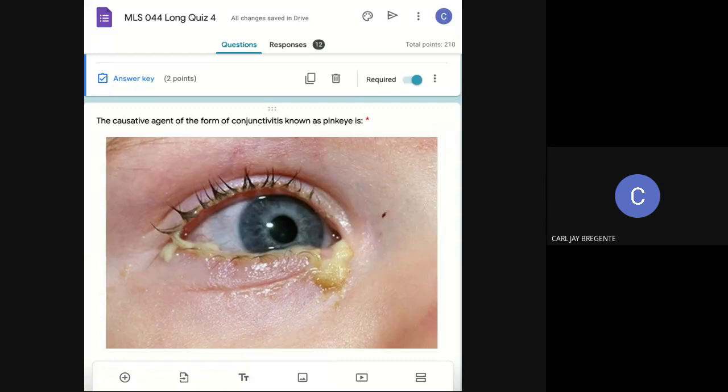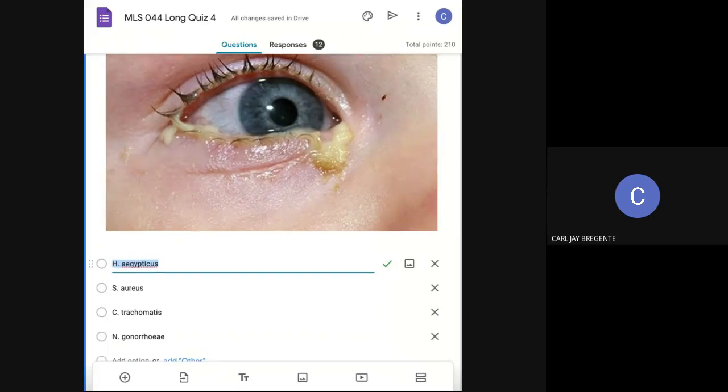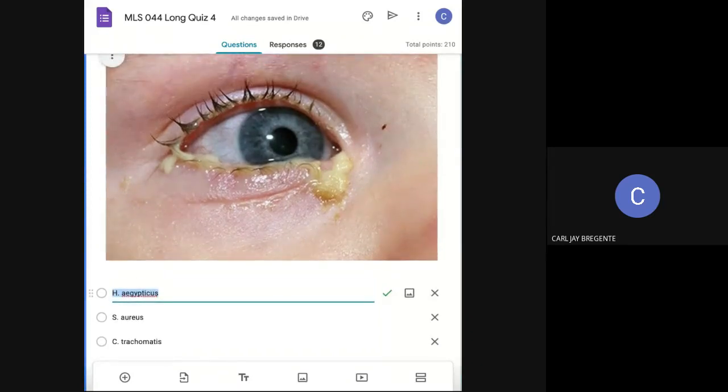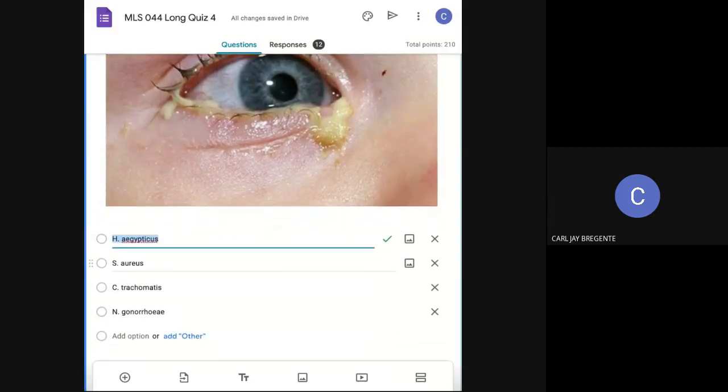Causative agent of the form of conjunctivitis known as pink eye. So that is Haemophilus aegyptius. So pink eye conjunctivitis, the causative agent is Haemophilus aegyptius. I want you to study in your notes how to differentiate the species of Haemophilus because that might come out during the comprehensive exam.